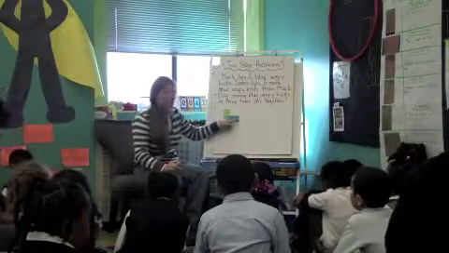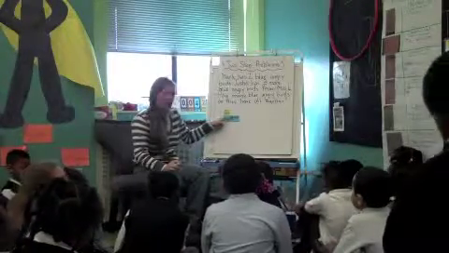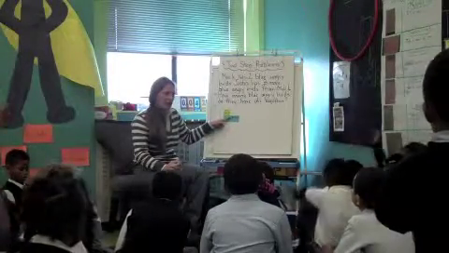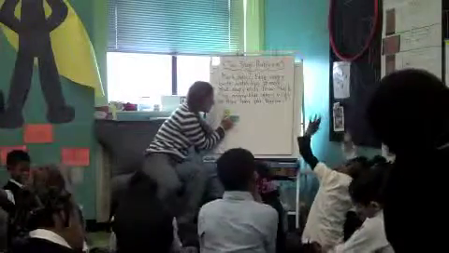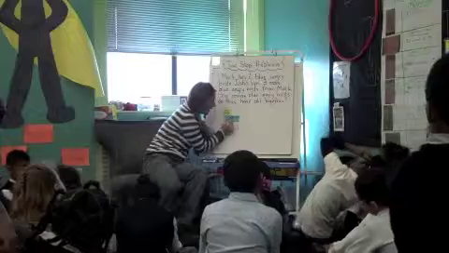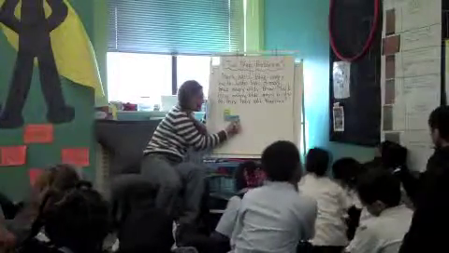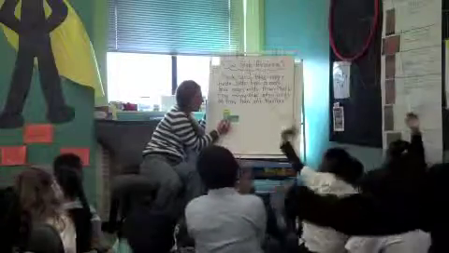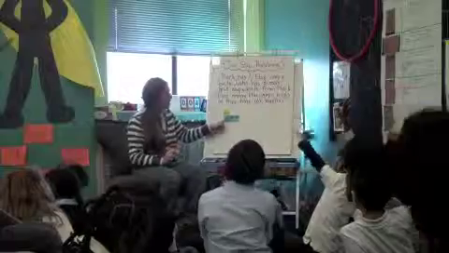If this is 3, how many is right here? He has 3 more. So it's almost like this is a pretend bar. This is 3. How many is right here? How many would be right here?